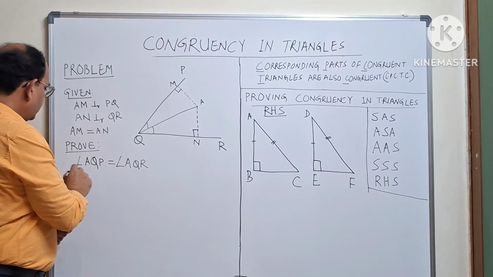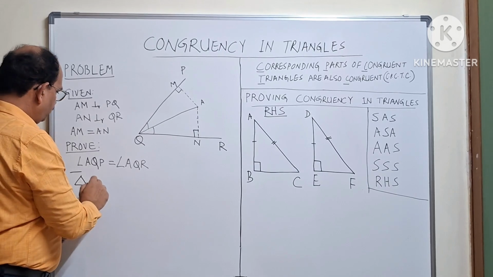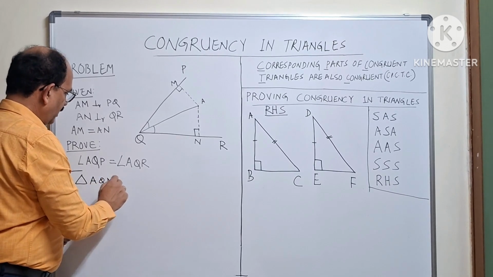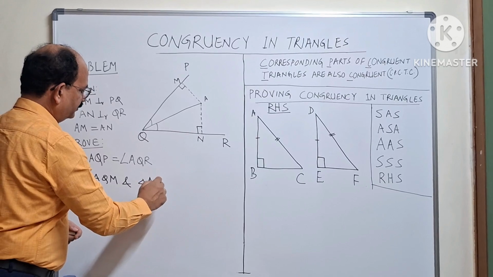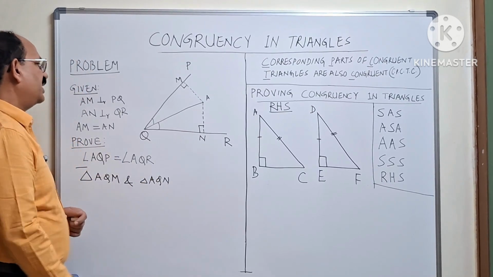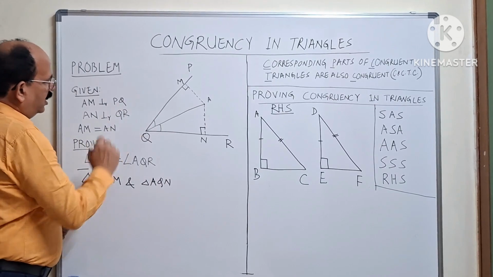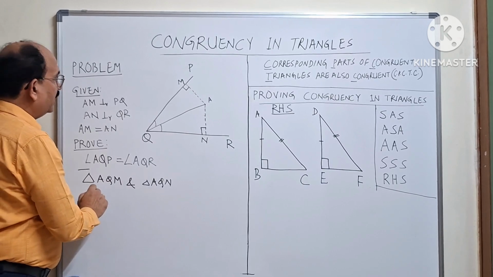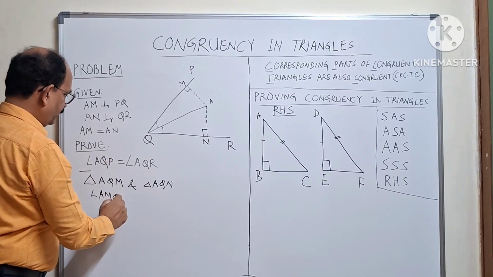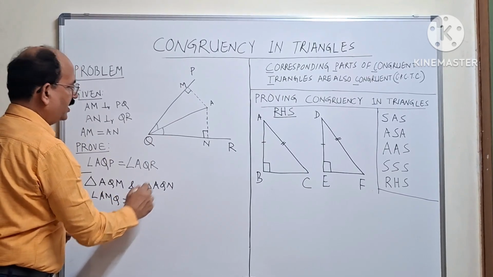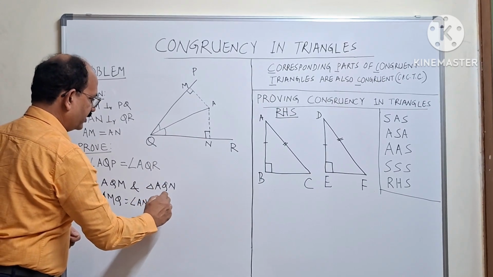Okay, so let's try proving that. Let's look at the triangles, triangle AQM and triangle AQN. So in these two triangles, we know that angle AMQ is equal to angle ANQ, and that is equal to 90 degrees.